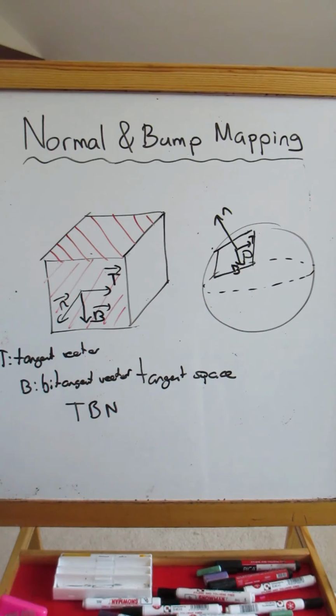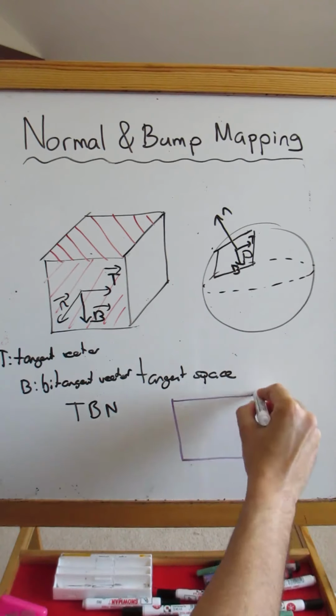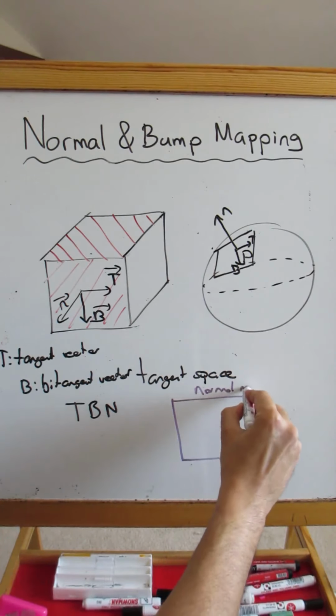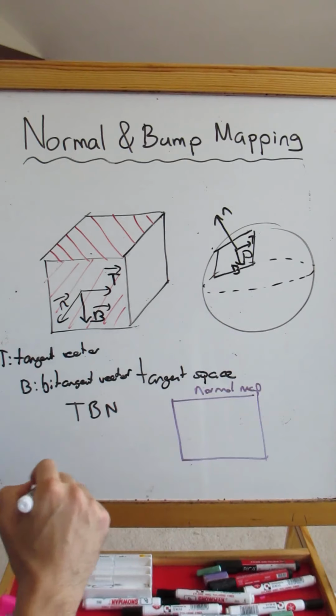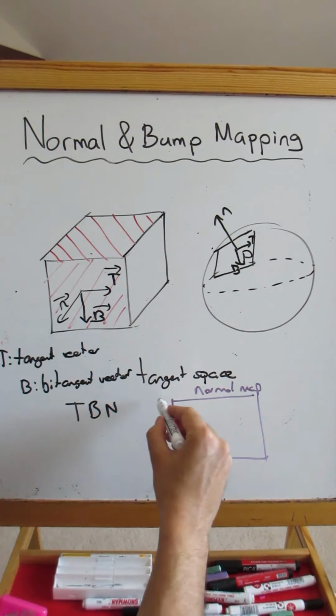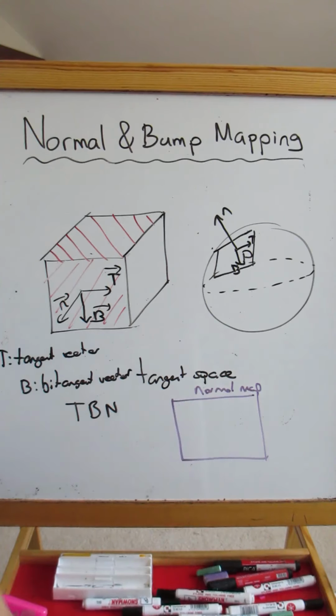Now, why is this tangent space important for normal mapping? The reason is the normal map texture. This is the normal map texture. The normal map texture is meaningful with respect to the tangent space of the surface. What does it mean? As you know, with the normal map, we can associate a coordinate system.